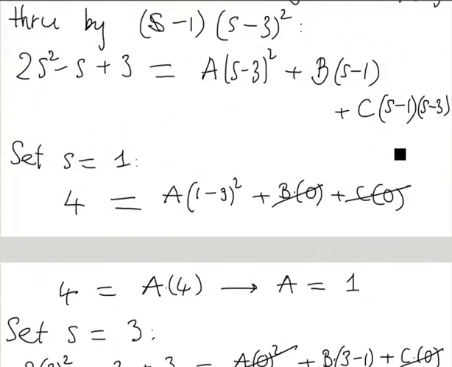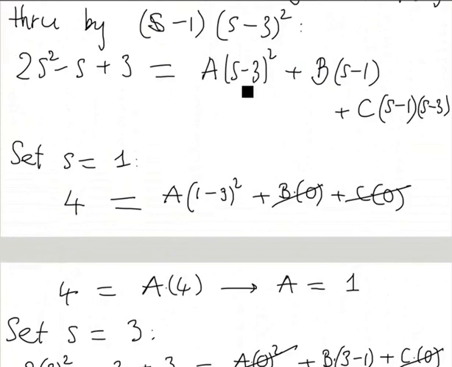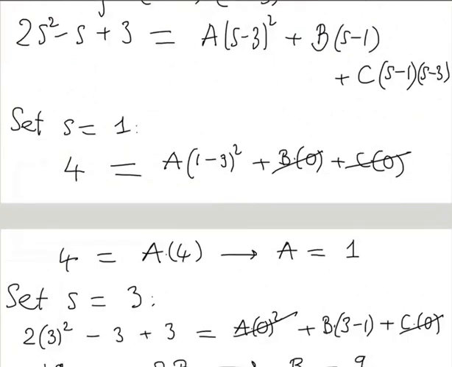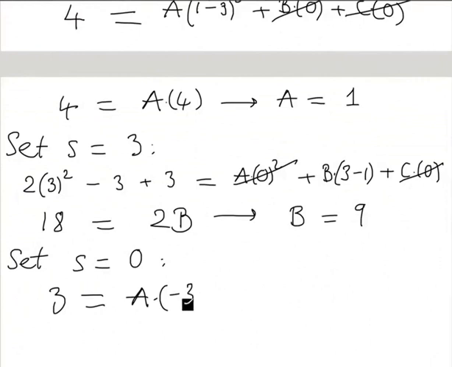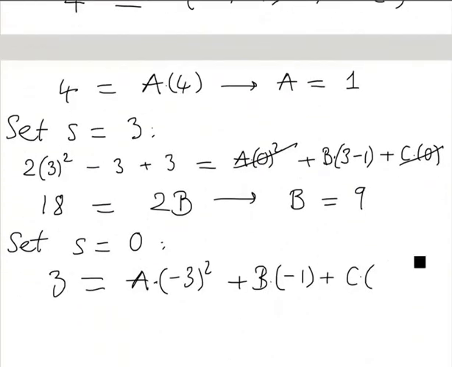When s equals 0, the left hand side is 3, and the right hand side is a times negative 3 squared plus b times negative 1 plus c times negative 1, negative 3.